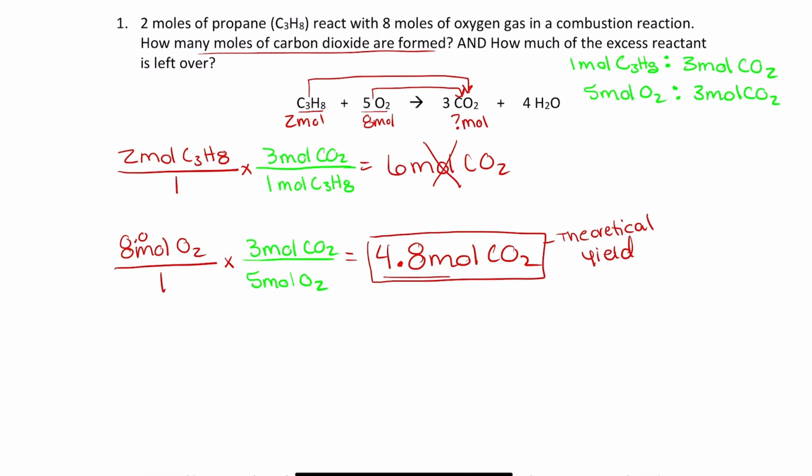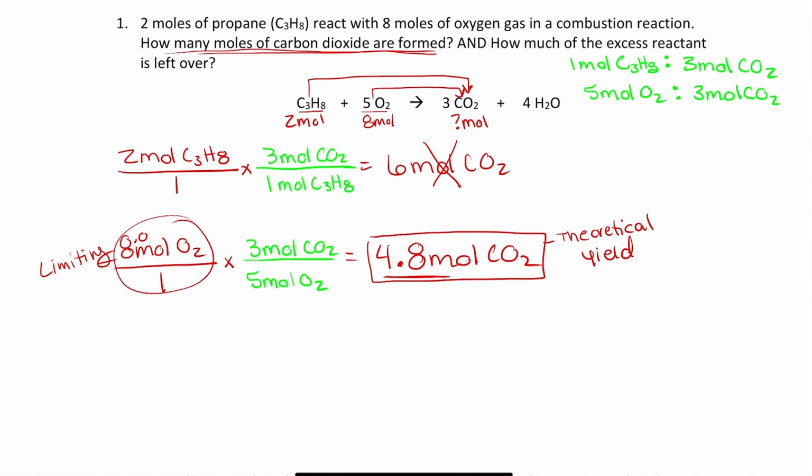So I won't have enough oxygen to produce more than 4.8 moles of carbon dioxide, which means that oxygen is limiting. That is the answer to this first question. How many moles of carbon dioxide are formed? Well, we formed 4.8 moles of carbon dioxide.